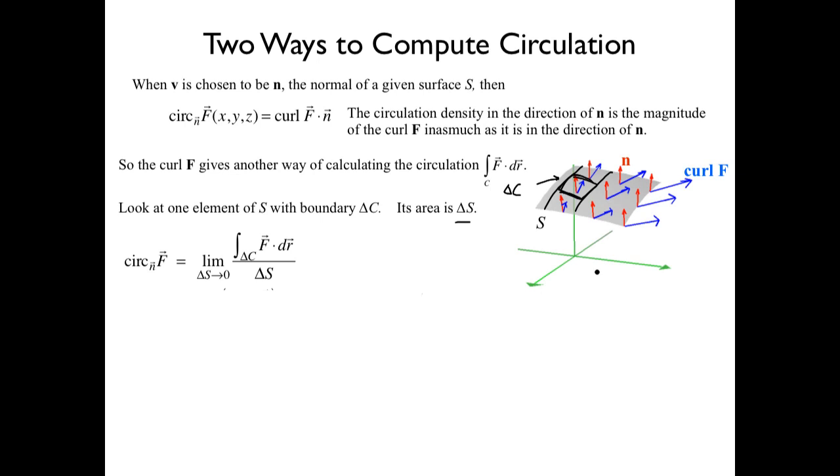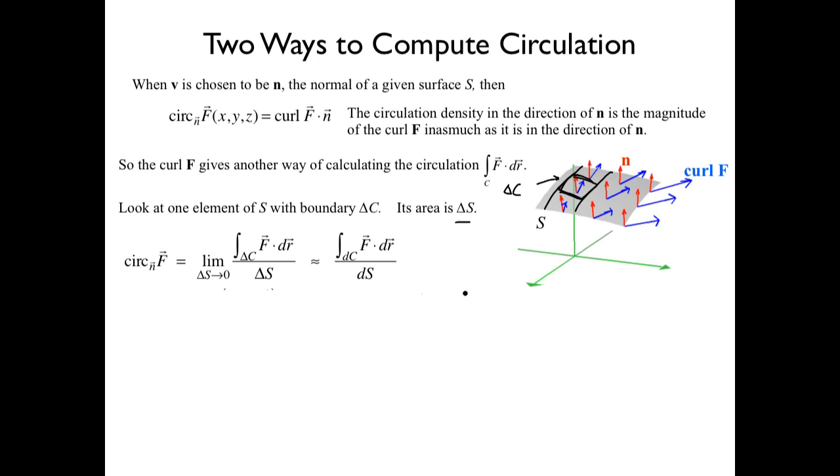Since we're letting things get small, you imagine this shrinking to a point, because circulation density is a point-wise phenomenon. So our delta C boundary becomes an infinitesimal loop around that point with an infinitesimal area, dS. It's like we're evaluating the limit, letting everything get really small.